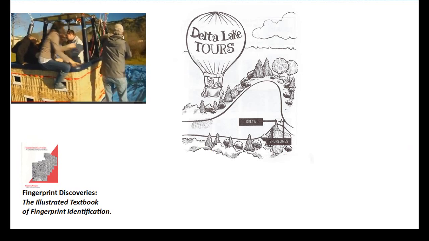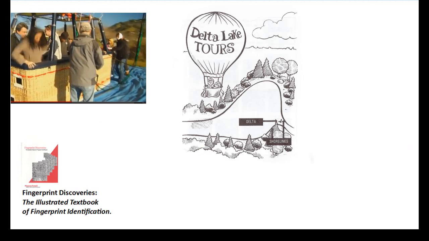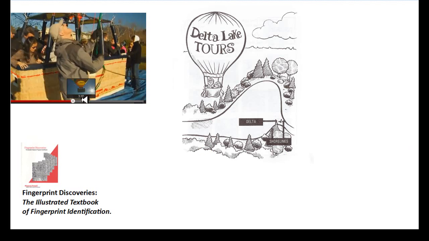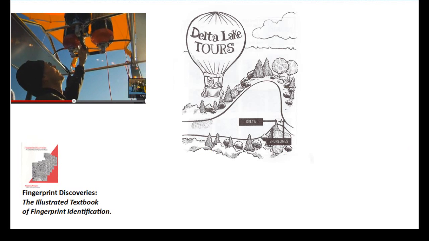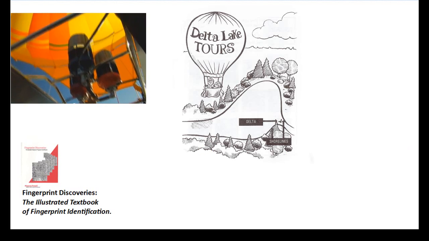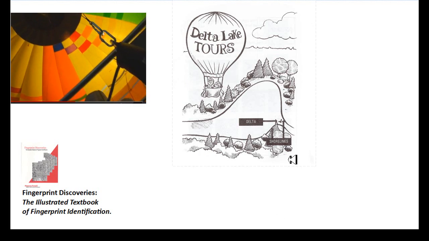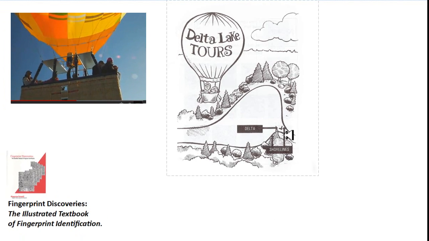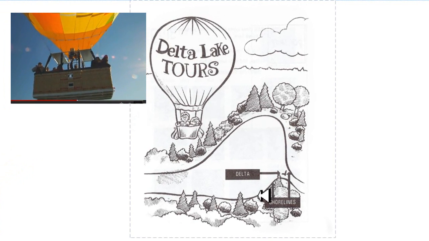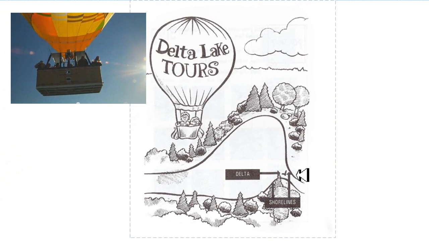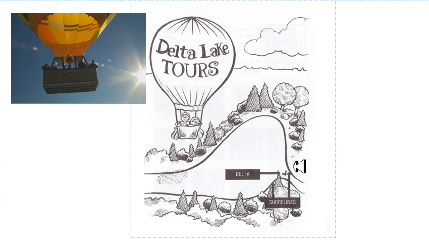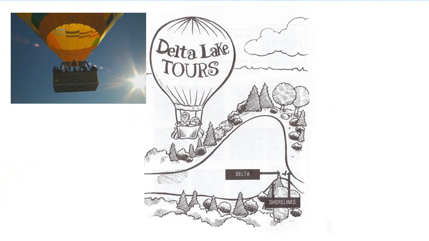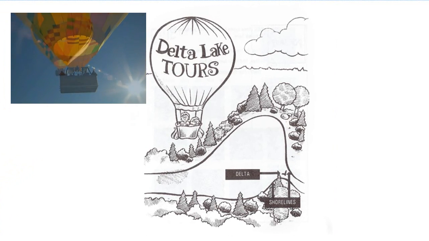And here we're going to fly over a lake in a hot air balloon. And in this process we're going to study the shoreline of the lake on both sides of the shore, and discover the phenomena of a delta.